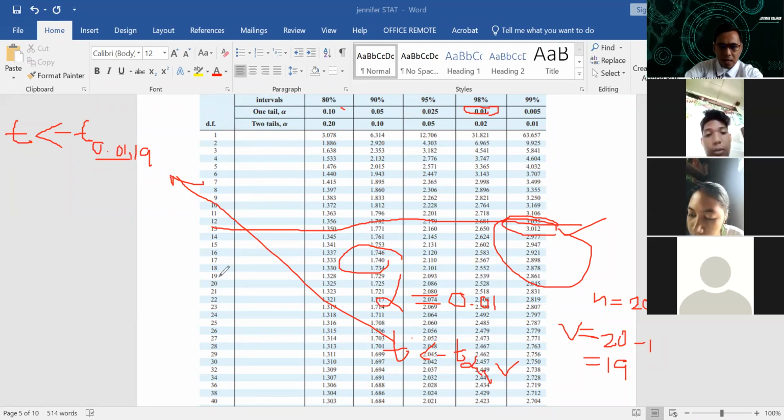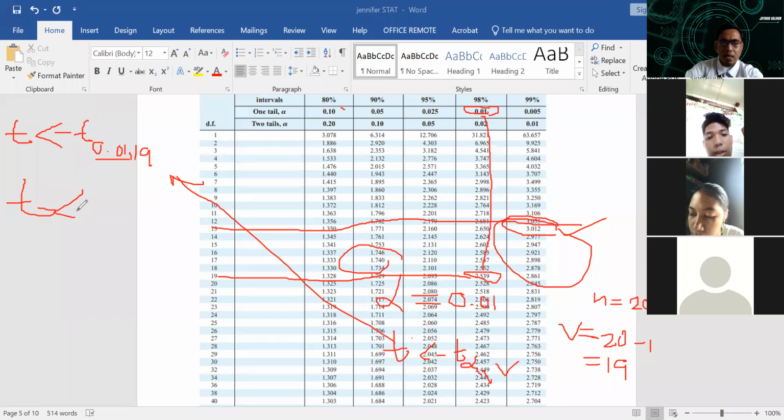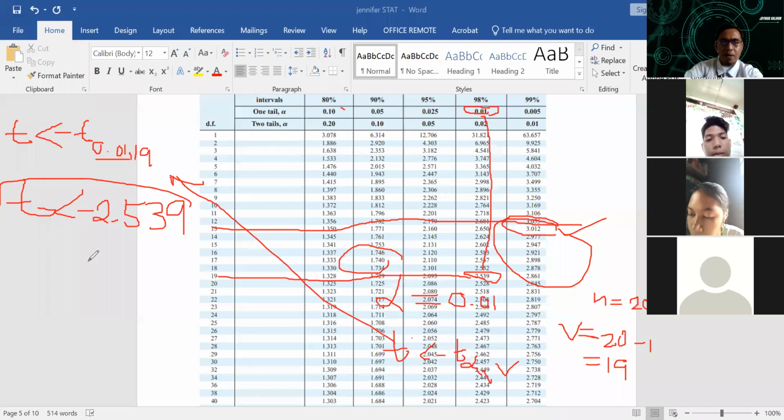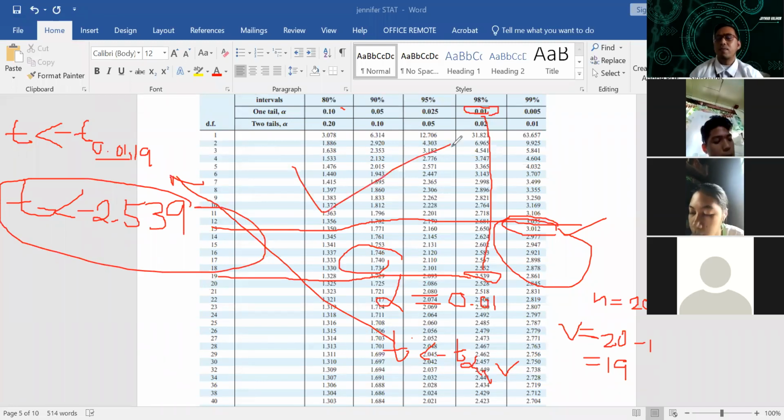You cross them, this one and this, so your answer should be 2.539. So it should be T less than negative 2.539. That is how to use this table.